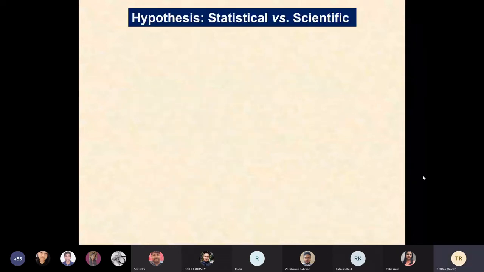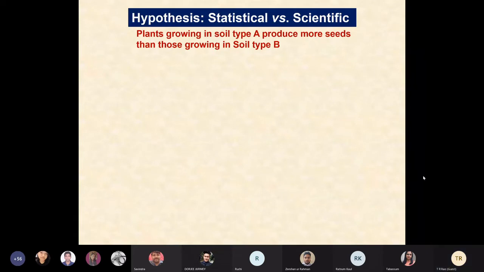And quickly, there is a difference between statistical hypothesis testing and scientific hypothesis testing. Statistical, we are simply concerned if they are different. The treatment and controls are different. In a scientific experiment, you have to find out why they are different, and you might want to do an experiment.